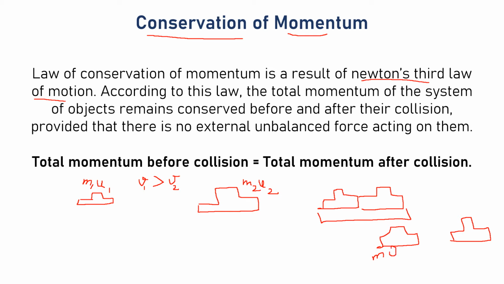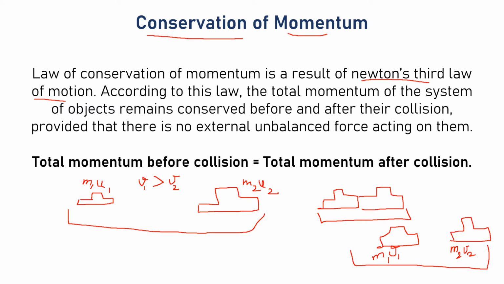The small car has mass m1 and the bigger car has mass m2, with velocities v1 and v2 after the collision. What does the law say?